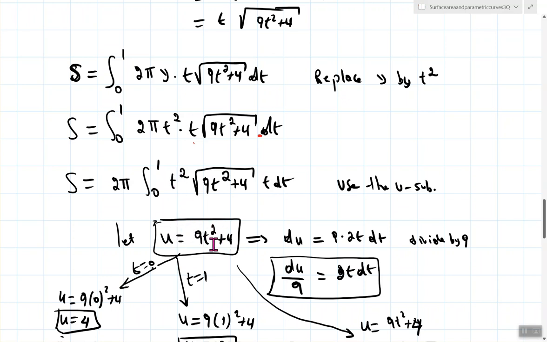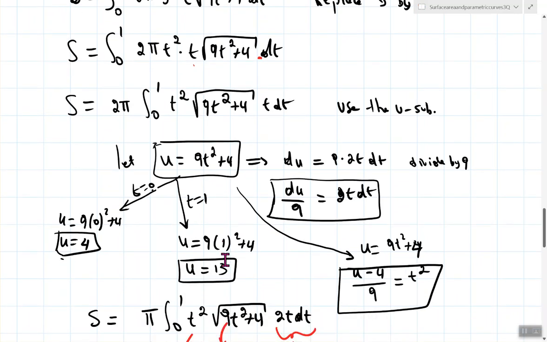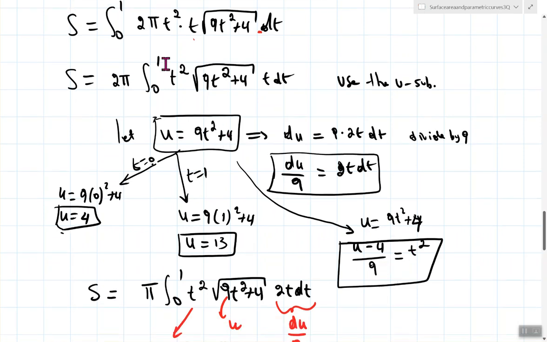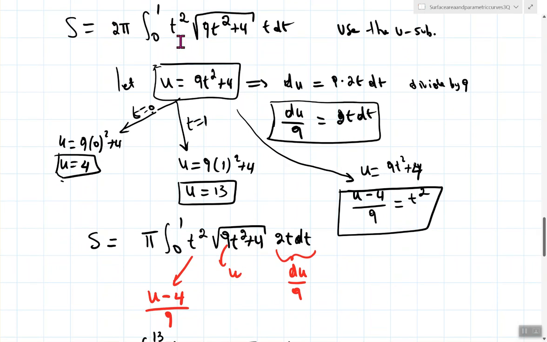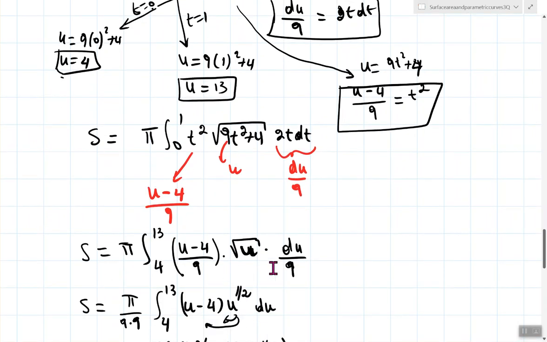We solve this equation for t squared: you bring 4 to the other side, it becomes u minus 4, and then you divide by 9. So t squared is u minus 4 over 9. Now we go from the t integral to the u integral. Pi is still outside, so we plug in everything.